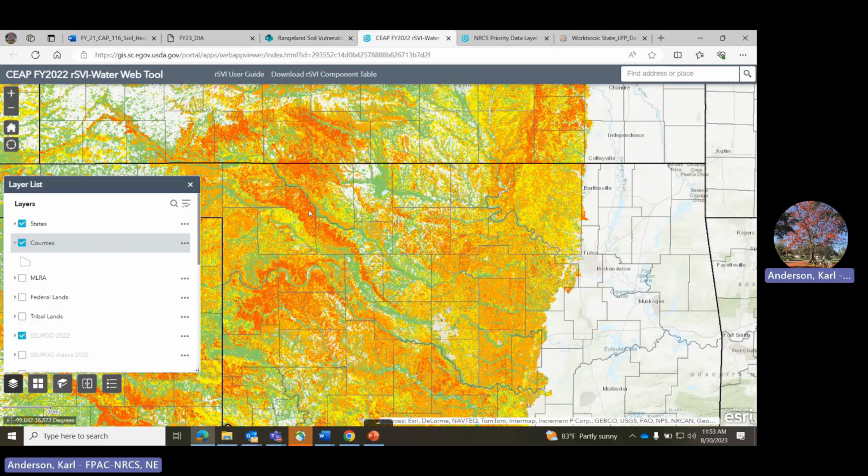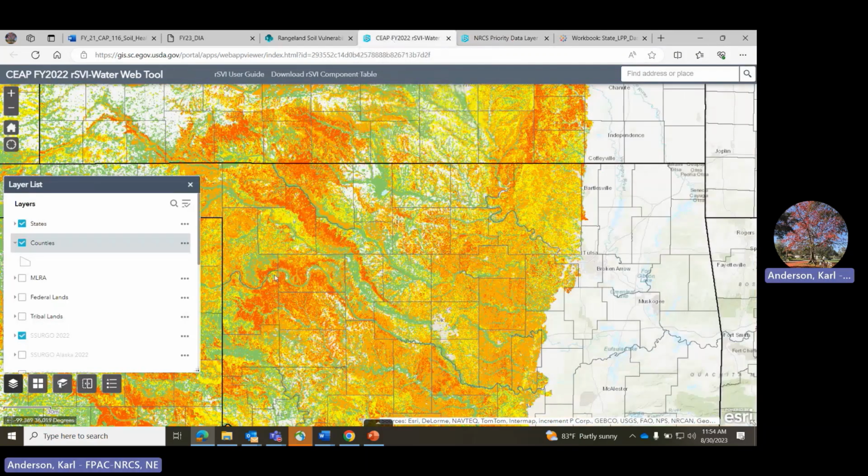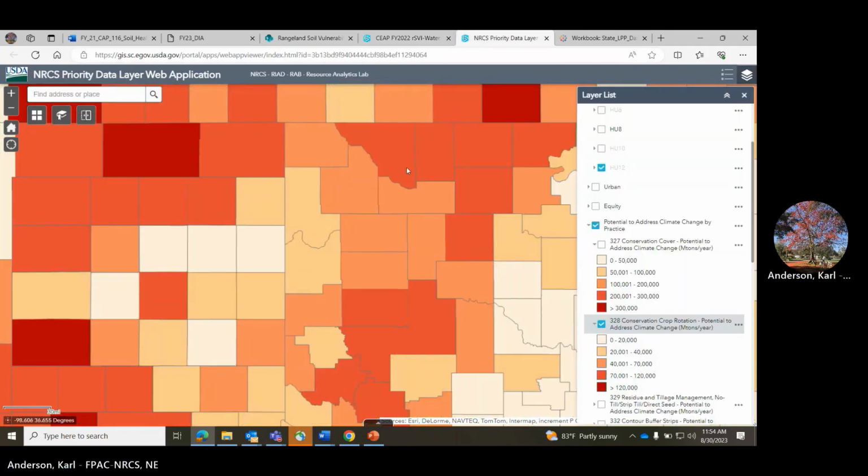You see this one has a lot of orange, which means there's a lot of sensitivity in those range acres. So that's this county right here. You'll also see that, going south of there and southwest of there, is also.